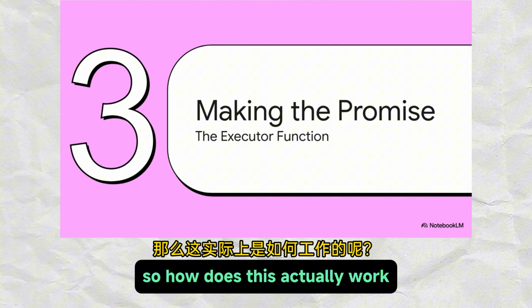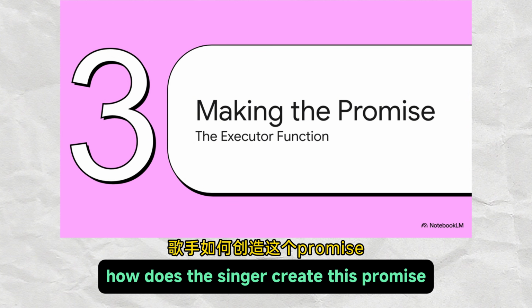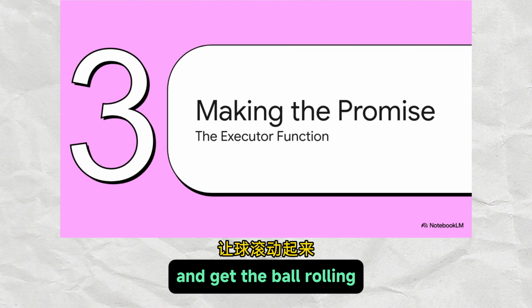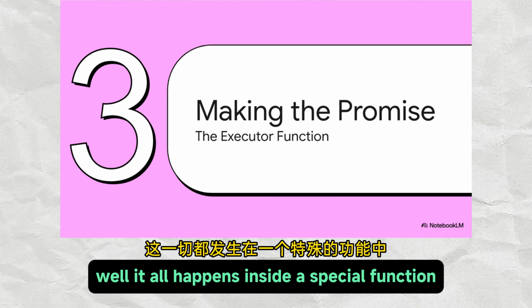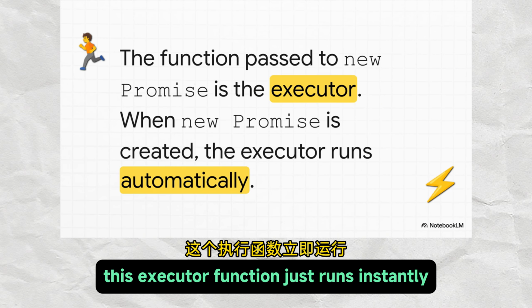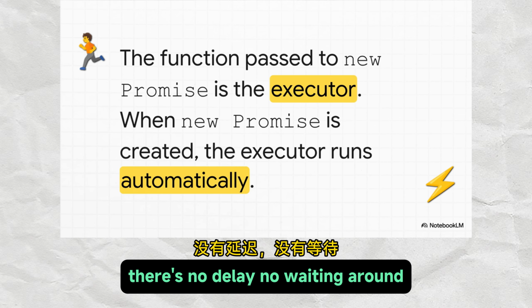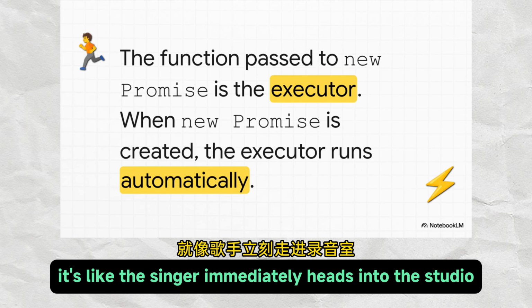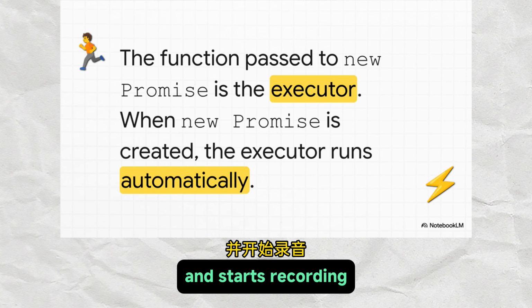So how does this actually work? How does the singer create this promise and get the ball rolling? Well, it all happens inside a special function called the executor. And get this, the moment a new promise is created, this executor function just runs. Instantly, automatically. There's no delay, no waiting around. It's like the singer immediately heads into the studio and starts recording.